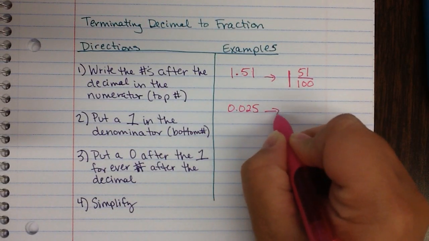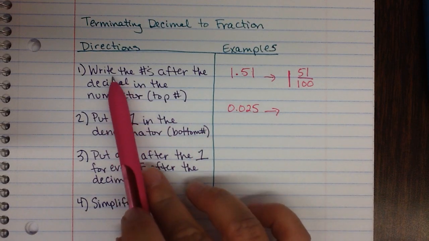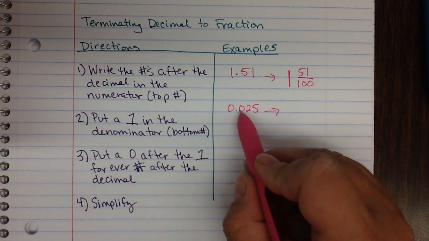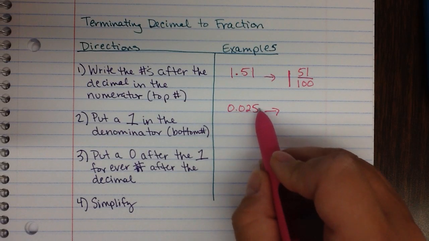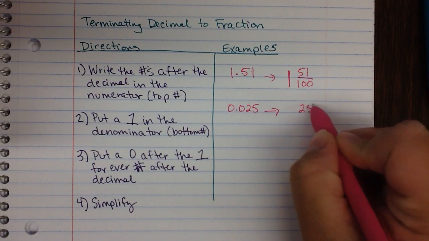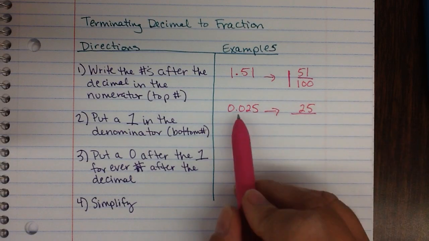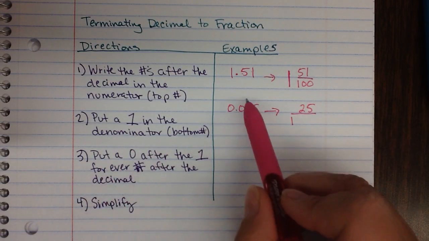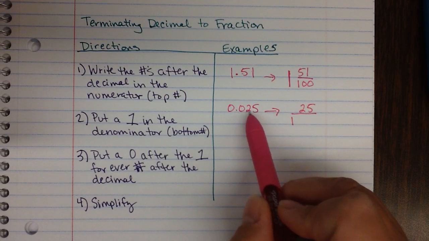0.025. Okay, so write the numbers after the decimal in the numerator. Well, because this is a 0, I'm not going to write that one, but I'm going to write the 25 in the numerator. Okay, then I'm going to put my 1 in the denominator, and then for every number after the decimal, I'm going to add a 0.